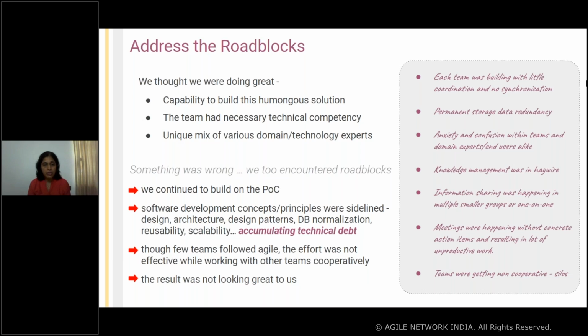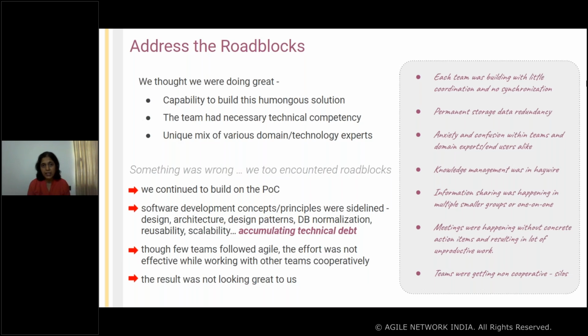That was our thought. But as we moved along this journey, we built the POC, then the base version, then demo version 1, demo version 2, and so on. As I said, we were showing it to our existing clients during every milestone. We made sure that we did these demos.